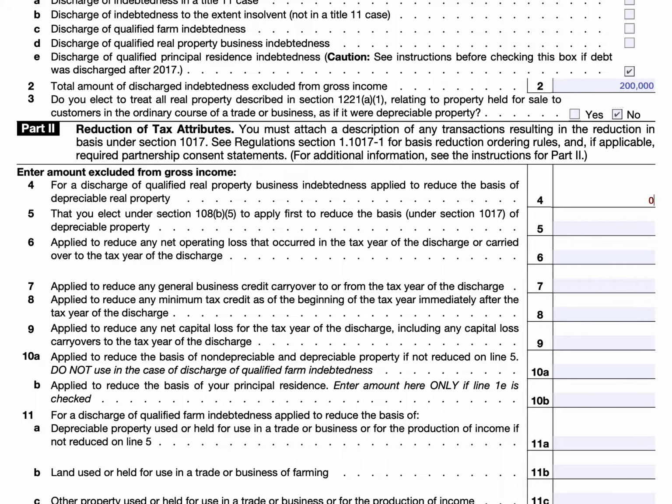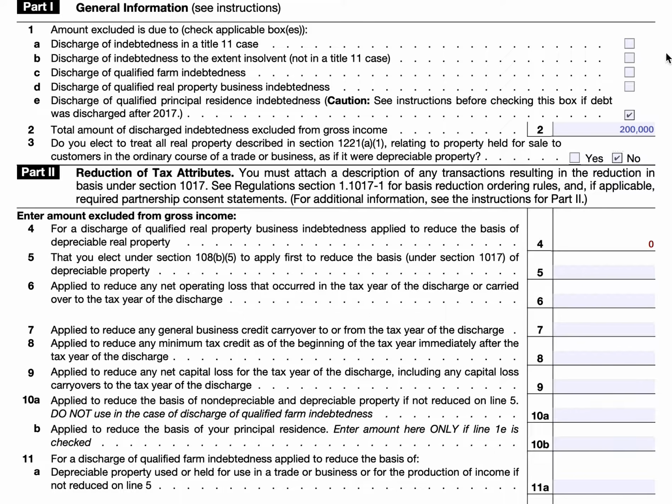Under line 5, if you decide to apply either all or part of the debt discharge amount to reduce basis of depreciable property under Internal Revenue Code section 108(b)(5), then you can do this under one of the other provisions, either A, B, or C. So Chapter 11, or insolvency, or qualified farm debt.